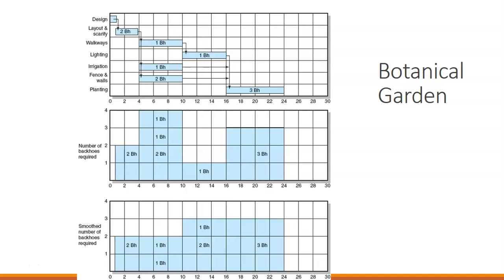However, if we use the available slack and smooth out that project, you can see in the bottom grid that we've managed to smooth out those activities using our slack to reduce our resources needed from 4 backhoes at one time to 3 backhoes maximum at any given time.